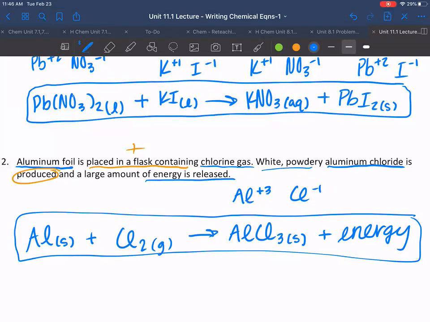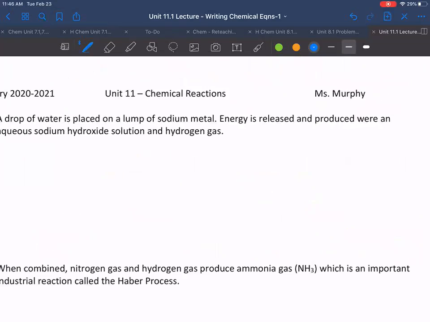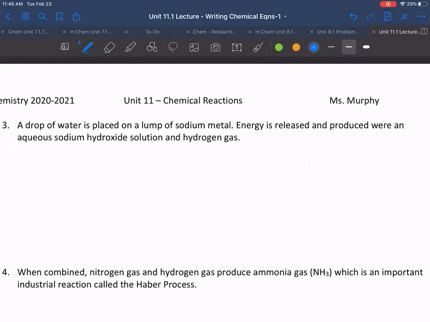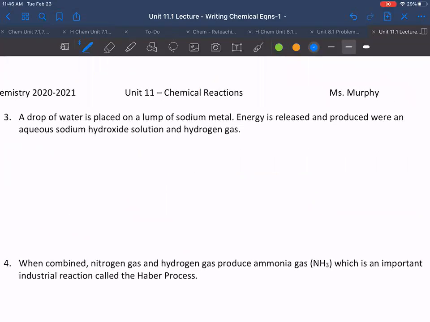Okay, we've got a few more to do. Okay, so number 3. When we start to dissect this one, it says a drop of water. Now, that compounds quiz that I'm going to start giving you guys, this is exactly why. You should know the formula for water off the top of your head. What is it? H2O. And so that's placed on a lump of sodium metal.